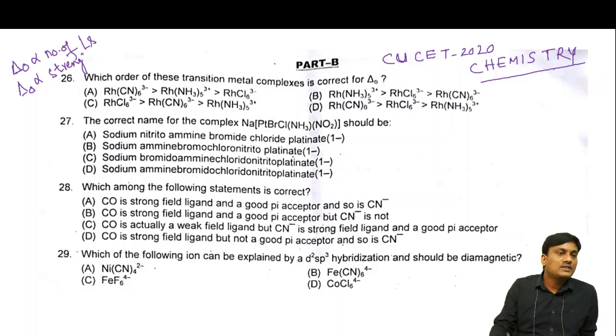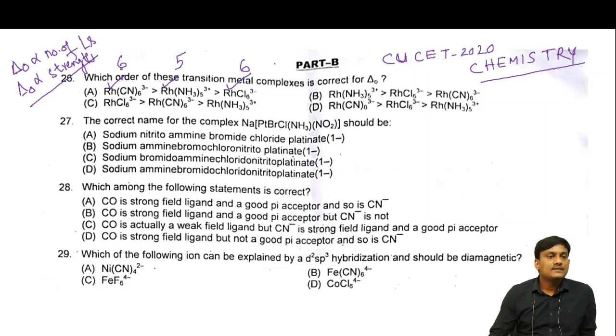As the strength of ligands increases, delta naught increases. In this case, you can find 6 coordinated complexes, and this one is a 5 coordinated complex. This one is a 5 coordinated complex, this one is a 6 coordinated complex, this one is a 6 coordinated complex. This is a 5 coordinated complex.